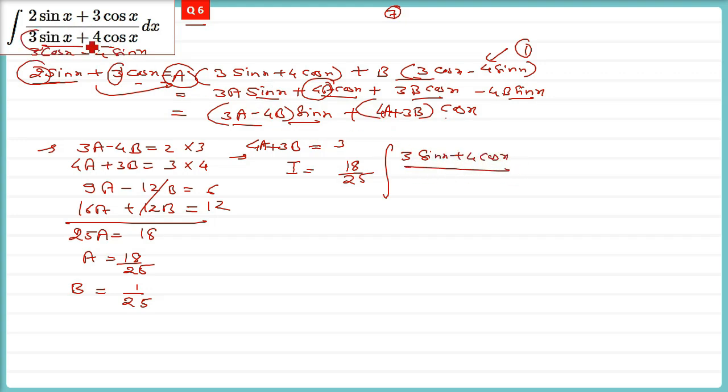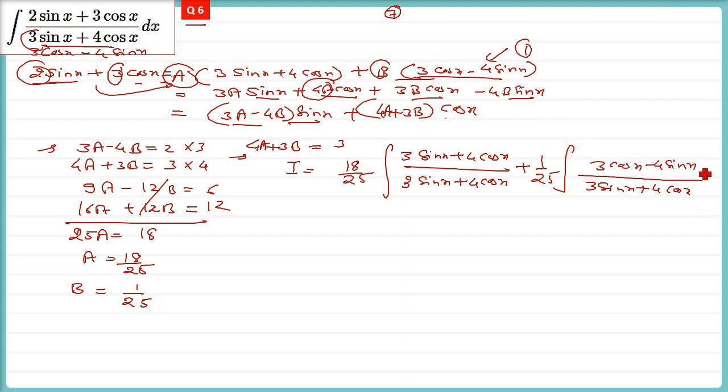It's the same, 3 sin x plus 4 cos x. How about the second term? B is 1 by 25. Denominator will remain the same, 3 sin x plus 4 cos x. As I told you, we haven't done anything with the denominator. We have just converted the numerator in the form of the denominator. So 3 cos x minus 4 sin x.